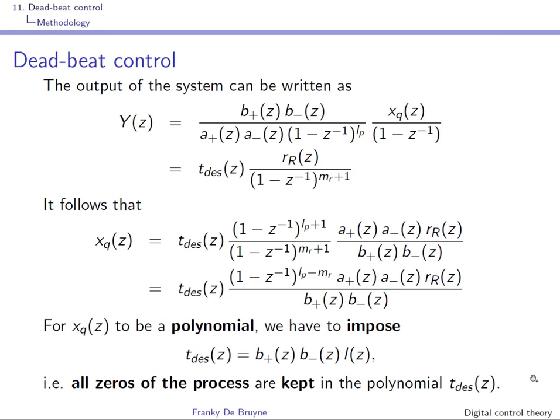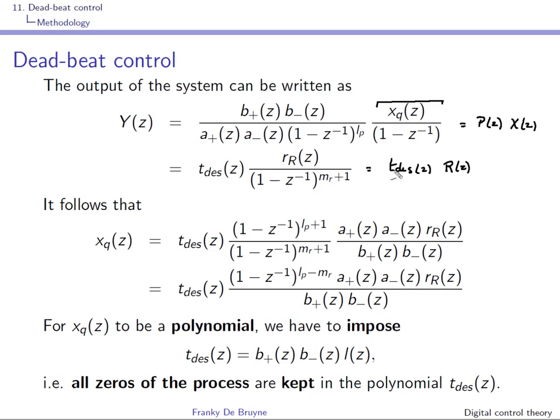We can now write the output of the process in two ways. This is simply writing that it is P(z) times the input, and we have imposed the input to be like this because we want the controller output to attain its steady state value in a finite number of steps. And this is simply writing that it is T desired times R(z).